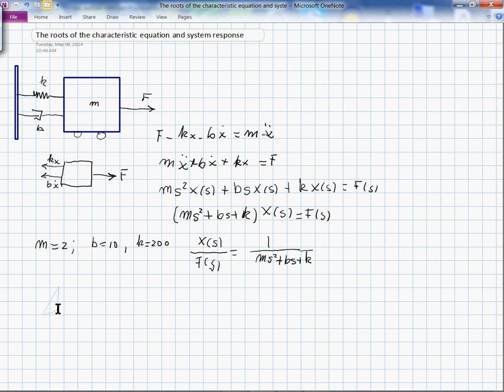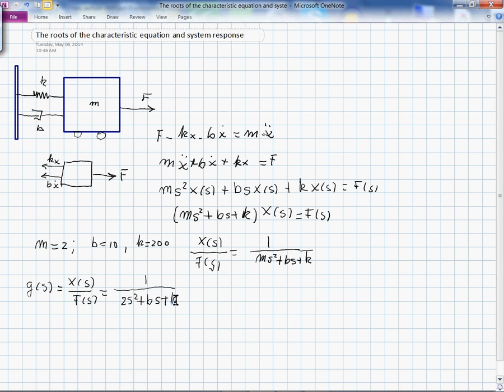So the transfer function, we could call it G of s, which is in reality X of s over F of s, is 1 over 2 s squared plus b s plus k.